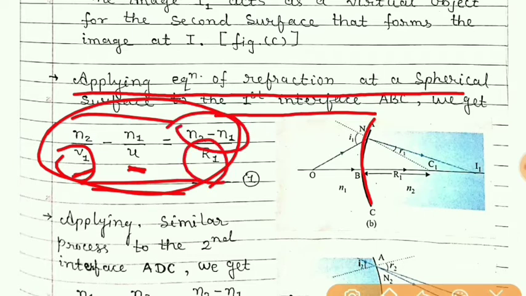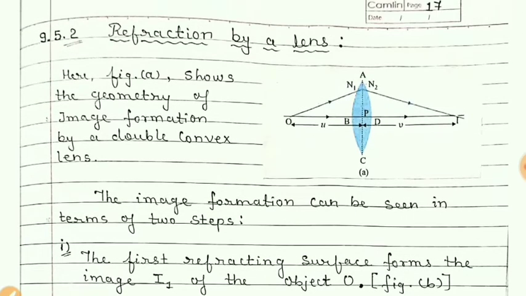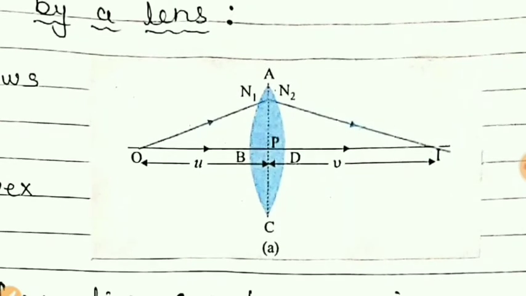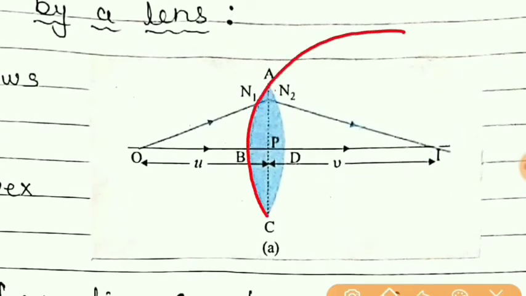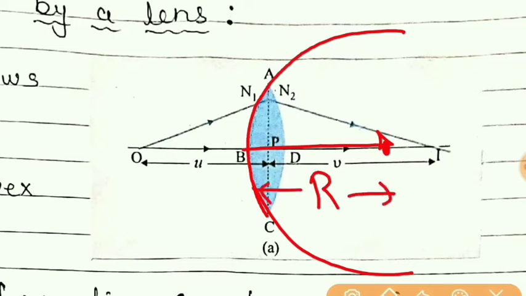Now students, here there are two curved surfaces, and that's why there are two radii of curvature. Remember students, this is the first curved surface, and so its center will be towards this side, and this will be the radius of curvature for the first surface, so it is r1.